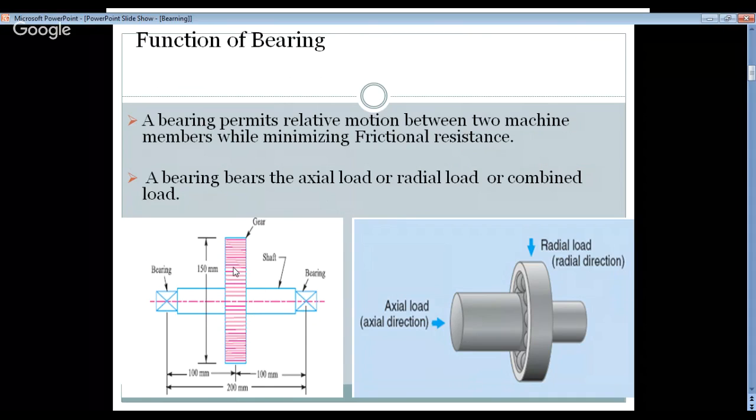So the gear, belt pulley system or chain drive system combinedly load the bearing, in terms of reaction, as axial, radial or a combination of both. Finally, a bearing may be selected according to the load: radial load, axial load or a combination of both.